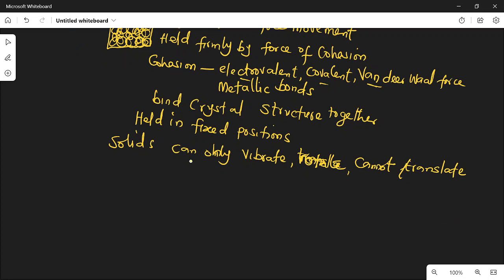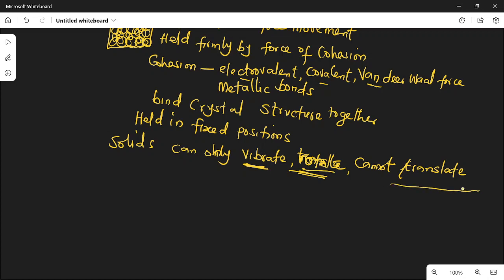So our solids can only vibrate, they can rotate, and their vibration or rotation happens at their fixed positions. Don't forget there are bonds binding them together, either the electrovalent, the covalent, the van der Waals force, or the metallic bond. So the molecules of your solids can only vibrate, they can rotate, but they cannot translate.